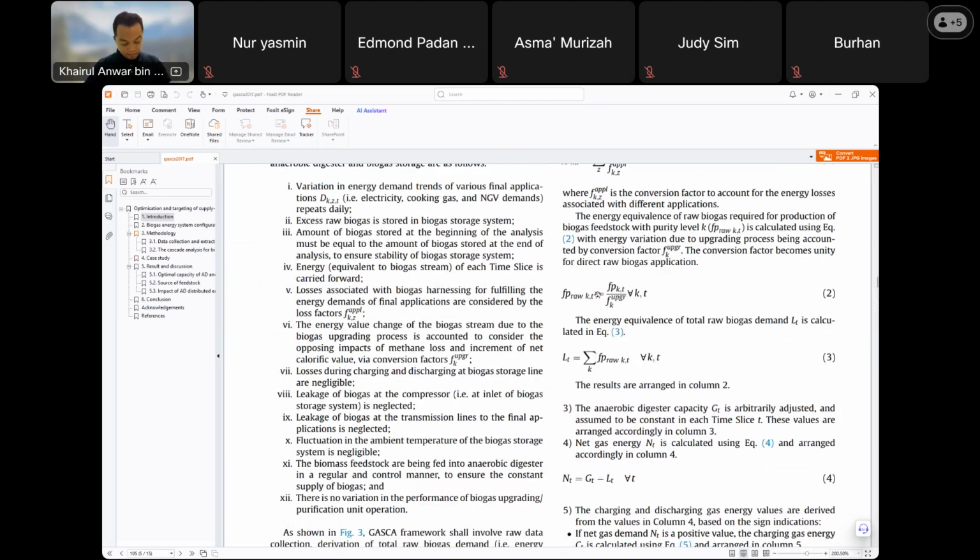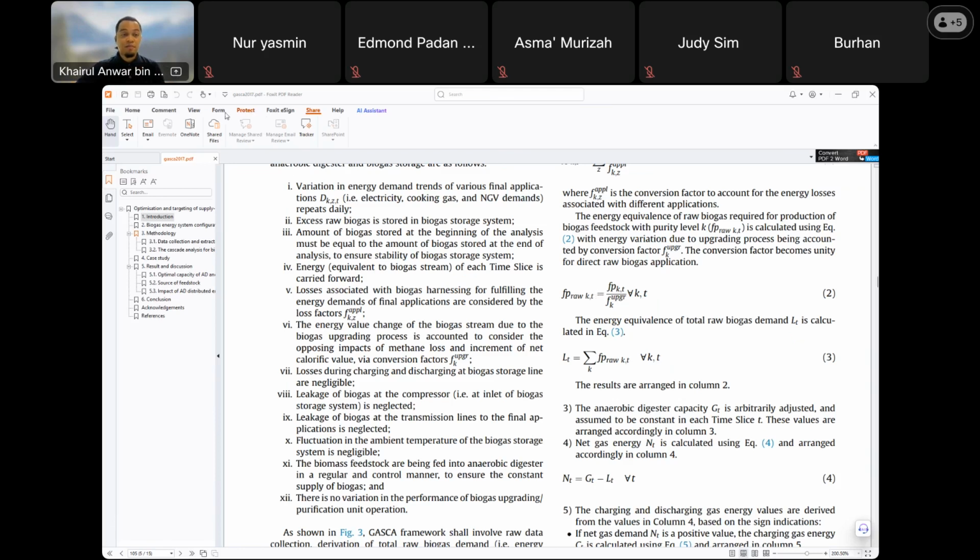Next is the energy value change of the biogas stream due to the biogas upgrading system, accounted to consider the opposing impact of methane loss and increment of net calorific value via conversion factor.